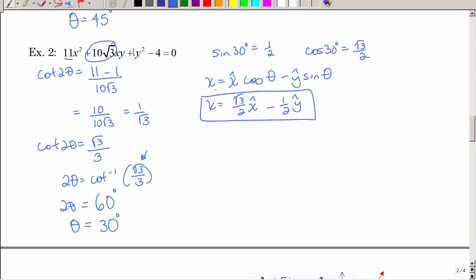I just need to use a different lettering system. I can't keep using x and y. Some books use x prime. That's fine. Another book used this notation. It's just something to differentiate between the original xy axis and our new xy axis.